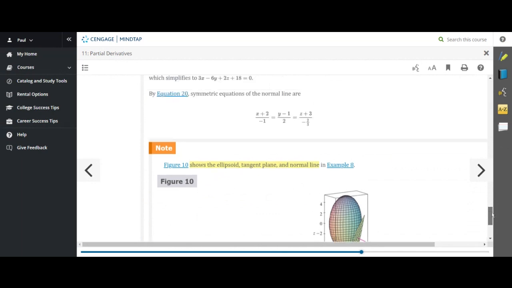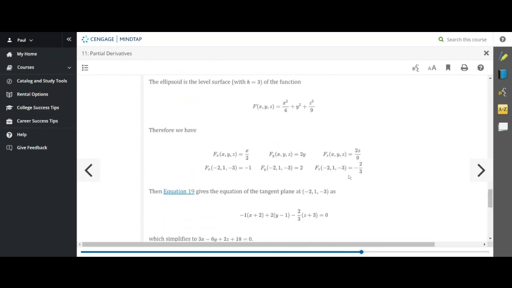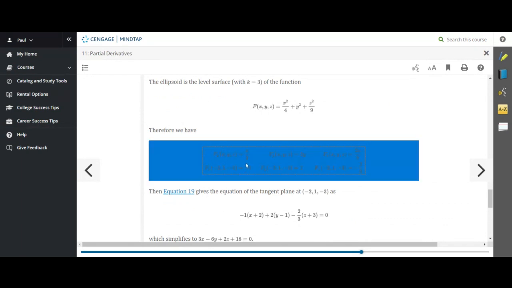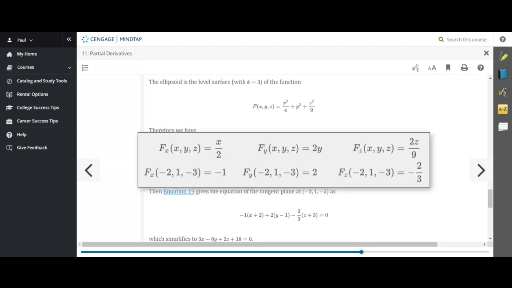So we know a tangent plane exists. If we want to find the equation of the tangent plane, based on the formula, we have to compute the partial derivatives.